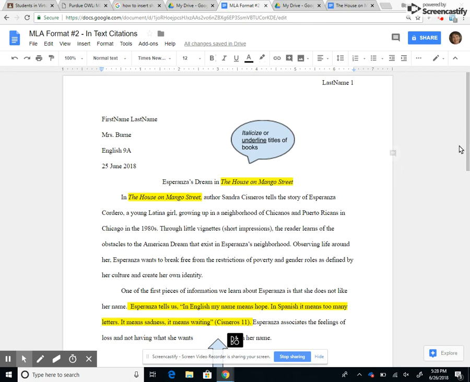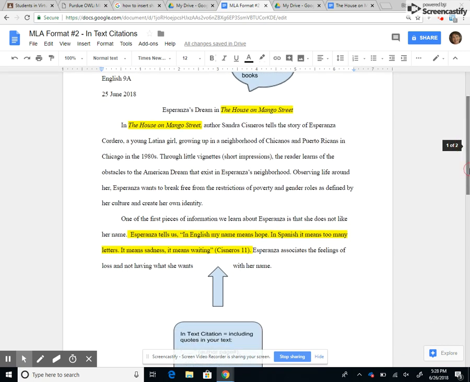Then moving on to the second paragraph, this is my first body paragraph. I highlighted a section for you because this sentence gives you an example of an in-text citation. And what in-text citation means has nothing to do with traffic citations, haha.